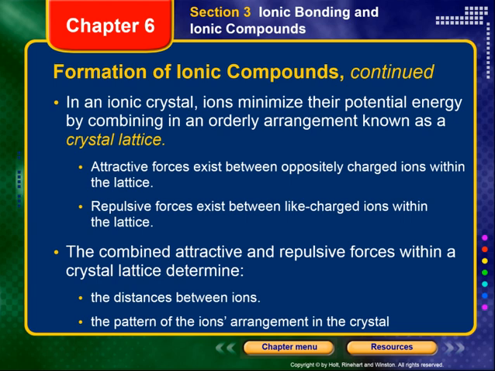Within this crystal lattice, there are attractive forces between oppositely charged ions. But at the same time, there are repulsive forces between like-charged ions within the lattice. The combined attractive and repulsive forces, that pushing and pulling at the same time, will determine the distance between ions and the patterns of the ions' arrangement within the crystal.